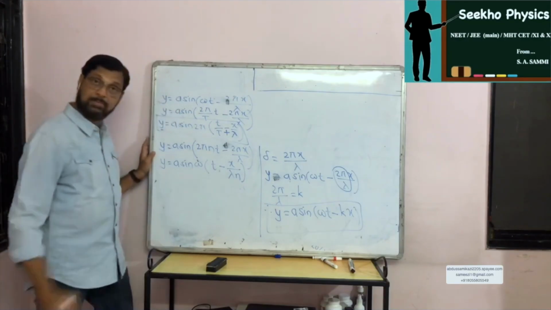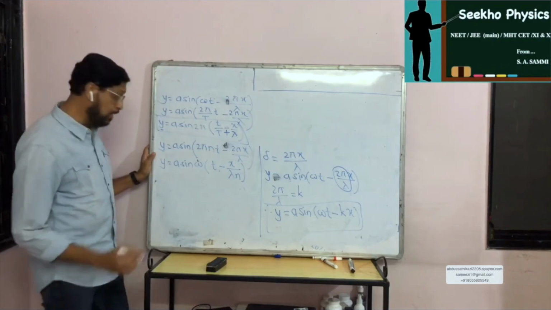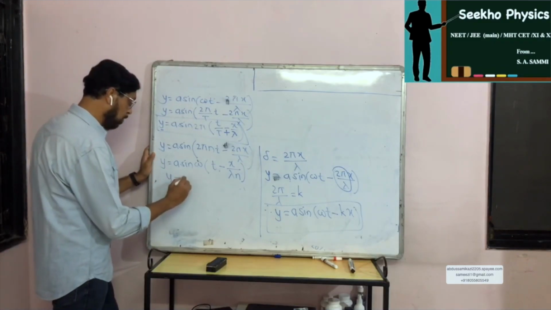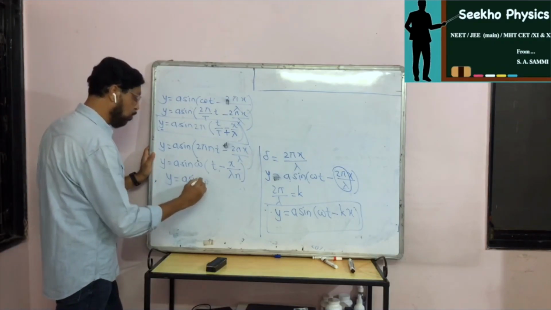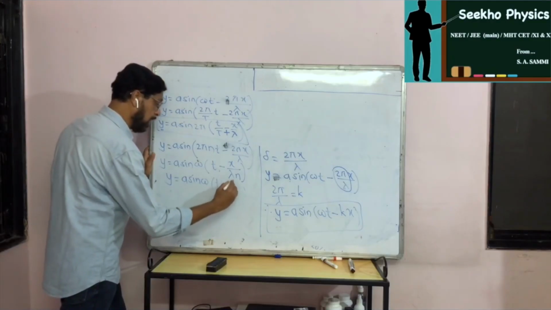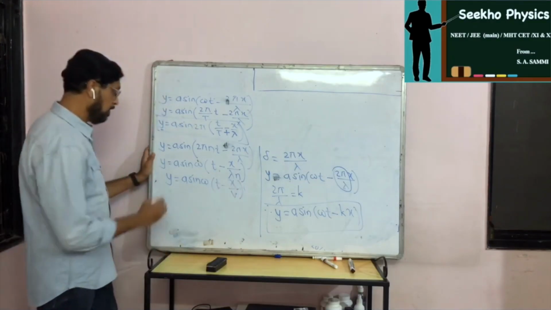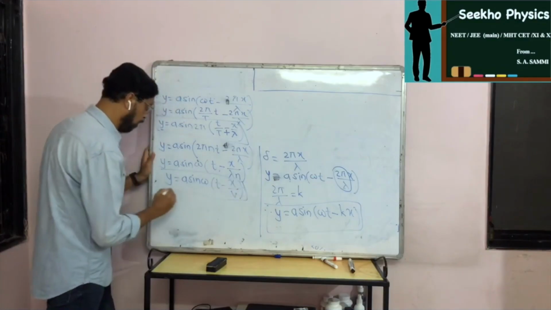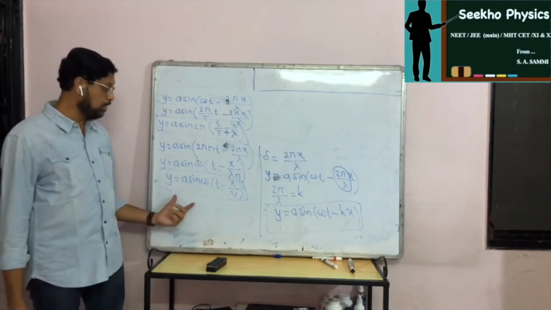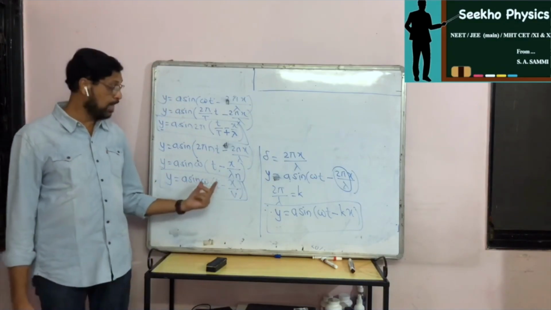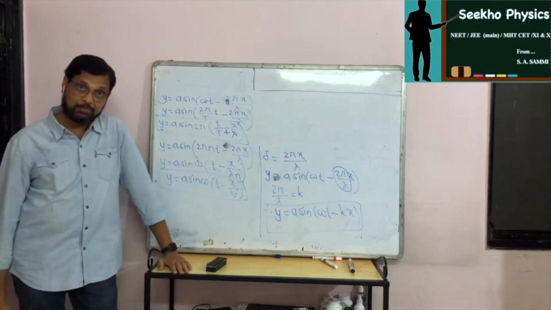What is n lambda? V, velocity of the wave. So y will be equal to a sin omega t minus x by v. This is another form of the equation. Y is equal to a sin omega into bracket t minus x by v.